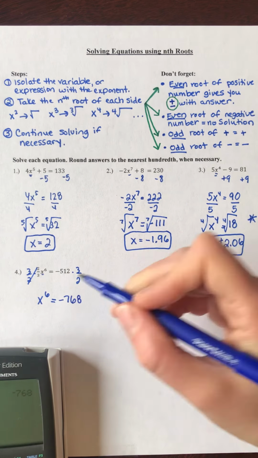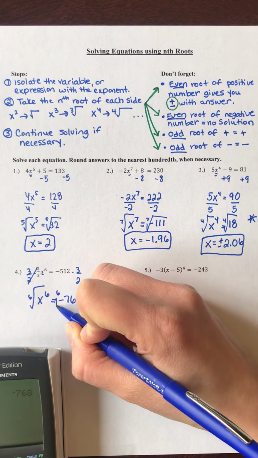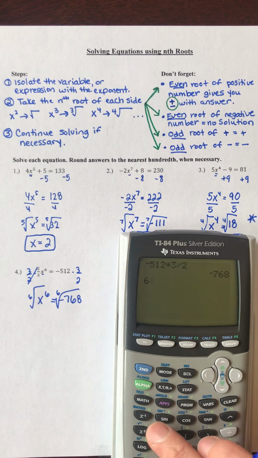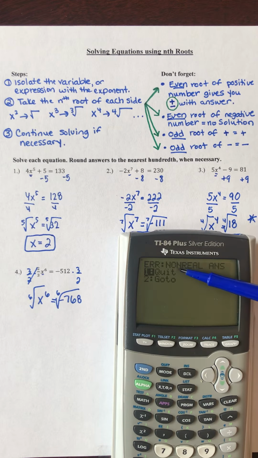All right, and now to undo something to the 6th power, I am going to take the 6th root of each side. Now let's say I take the 6th root, so if I type 6, math, I go down to option 5 and type in negative 768 and hit enter in my calculator, I get this message, non-real answer. There's an error here.